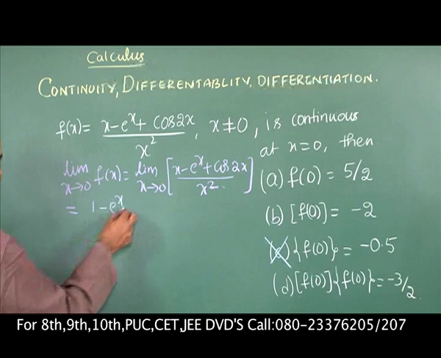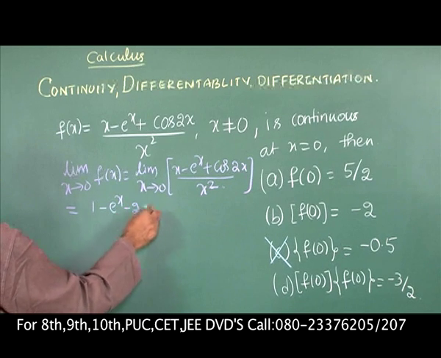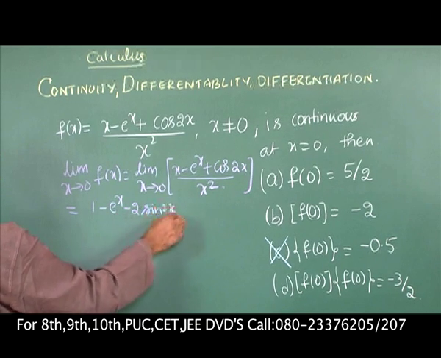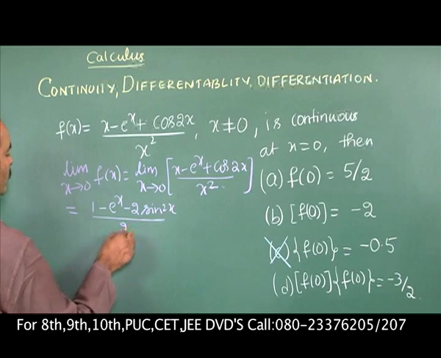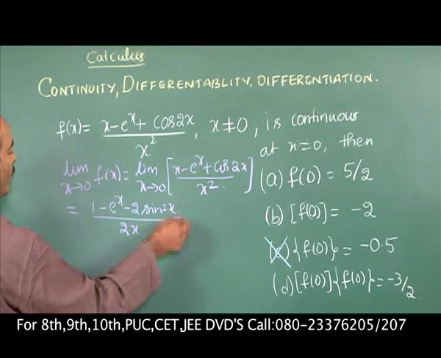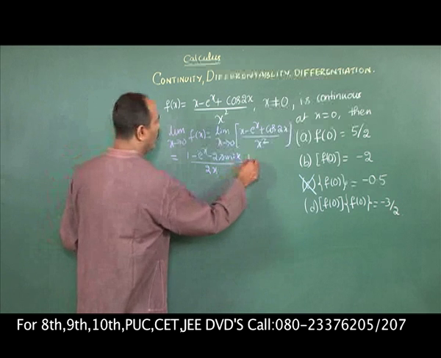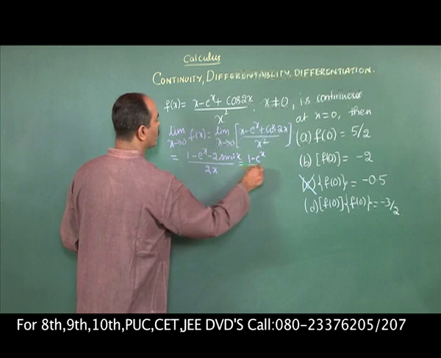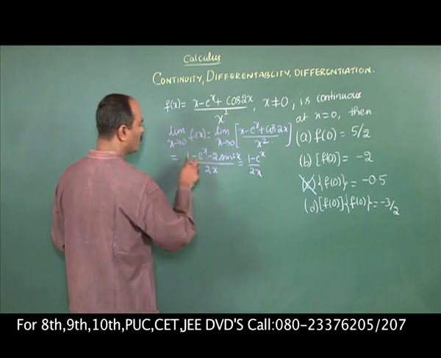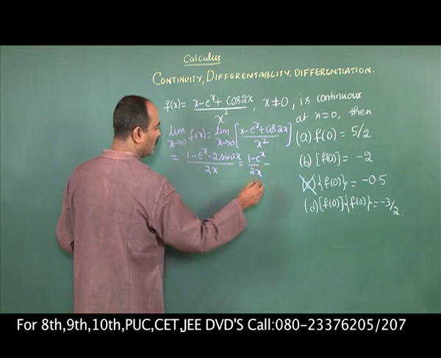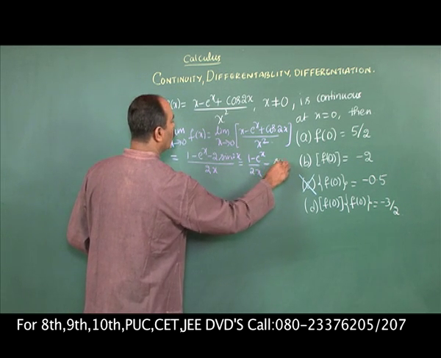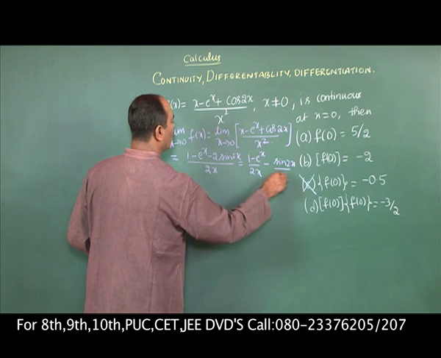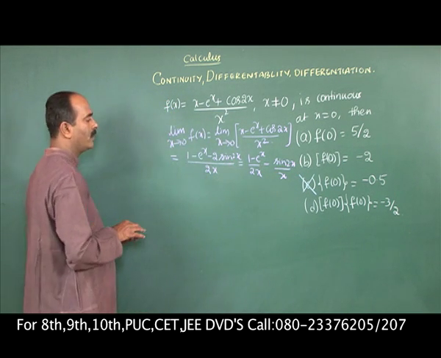Differentiation of cos 2x is minus 2 sin 2x, divided by 2x. Now I can write this as (1 minus e power x) divided by 2x, minus sin 2x divided by x. That is just a simplification.